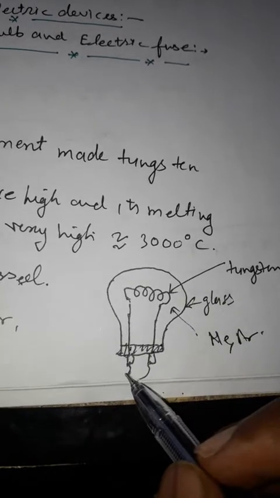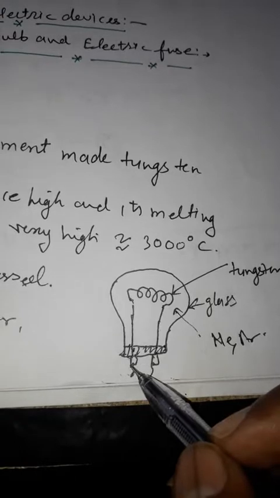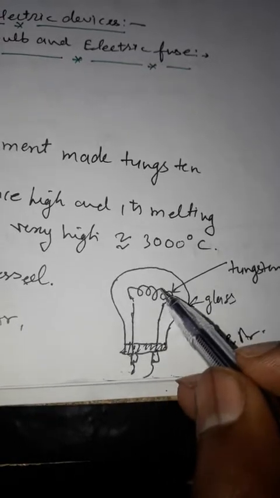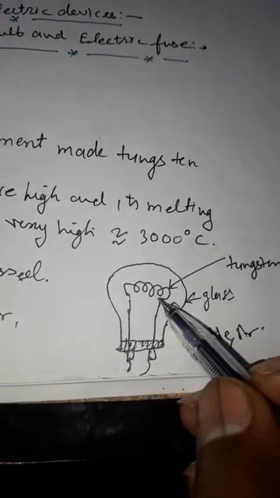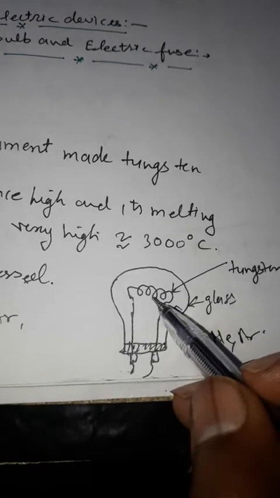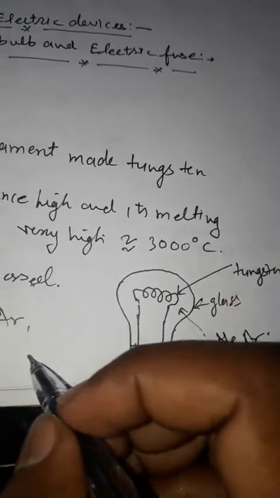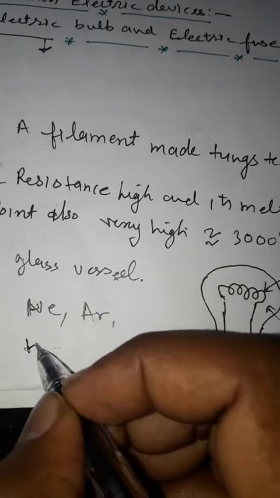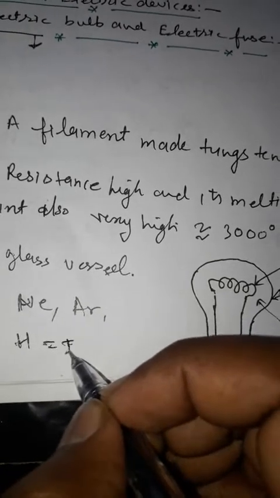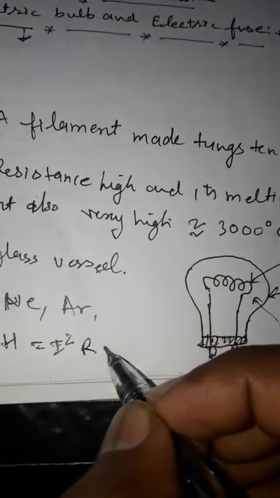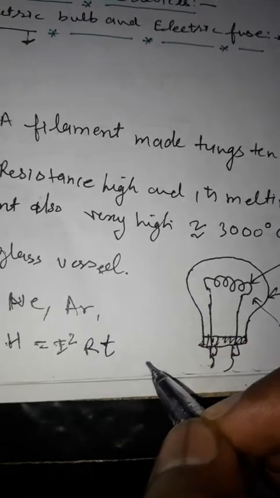Now when this bulb is connected to the power supply, electric current starts flowing through the tungsten filament, and because of its high resistance, as we know, the heat produced is directly proportional to the square of the current, the resistance, and the time taken.